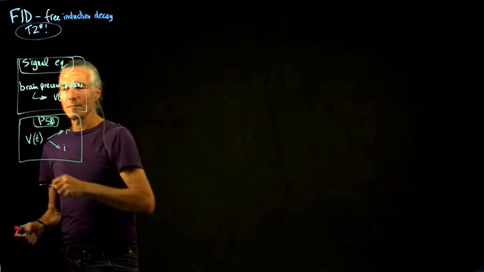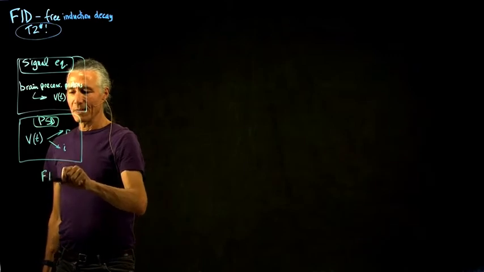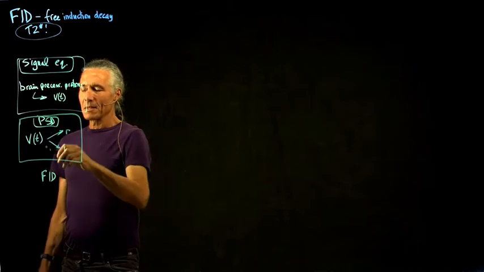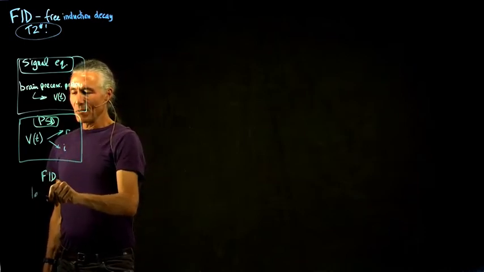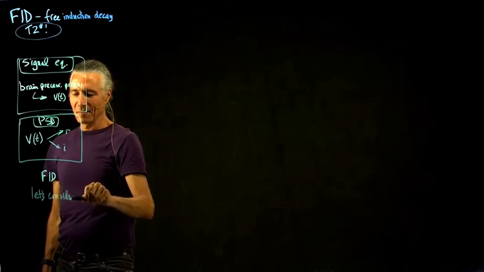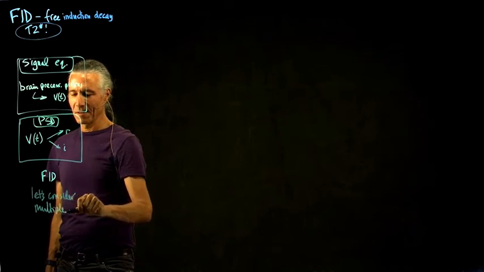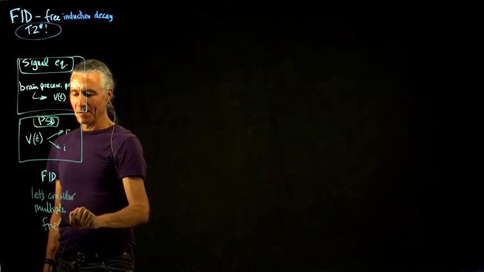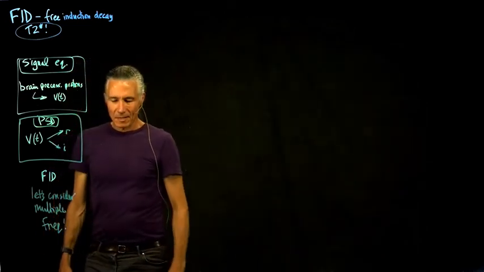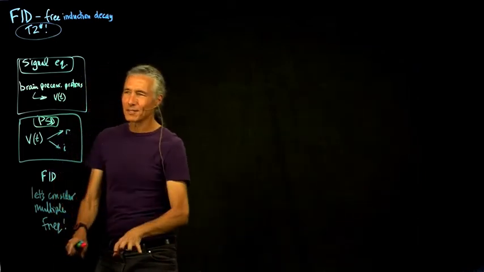And so what are we talking about today? What we're talking about today, FID, is, now let's actually consider multiple frequencies. If you came to the Friday graduate session, I was trying to say, don't pay attention to these multiple frequencies.